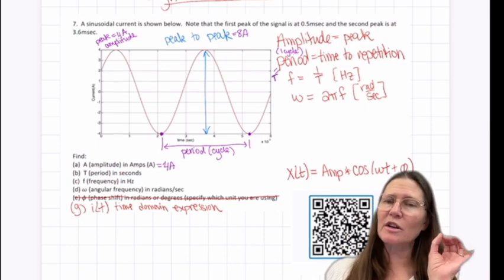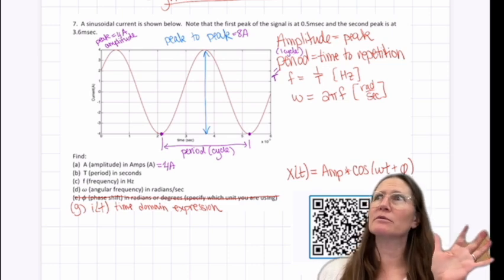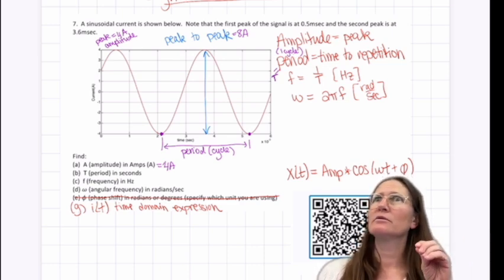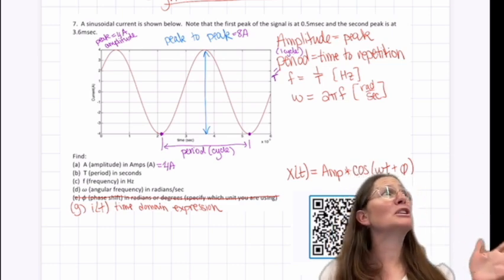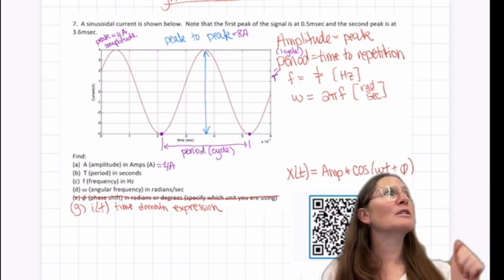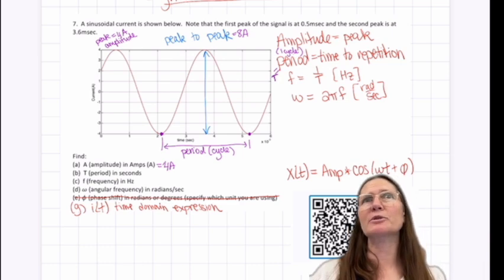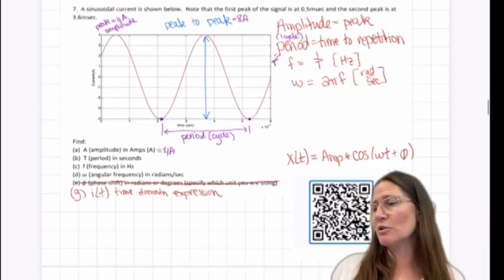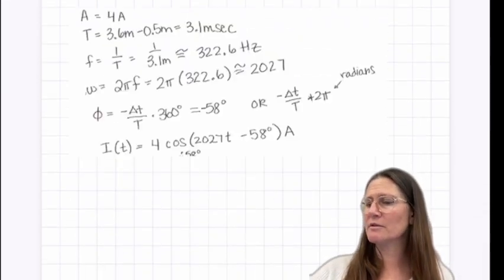All right, questions on signals and just the terminology themselves? Okay, so understanding peak to peak, period, amplitude, frequency is in both hertz and in radians per second. We'll get more into the units when we get into more details.